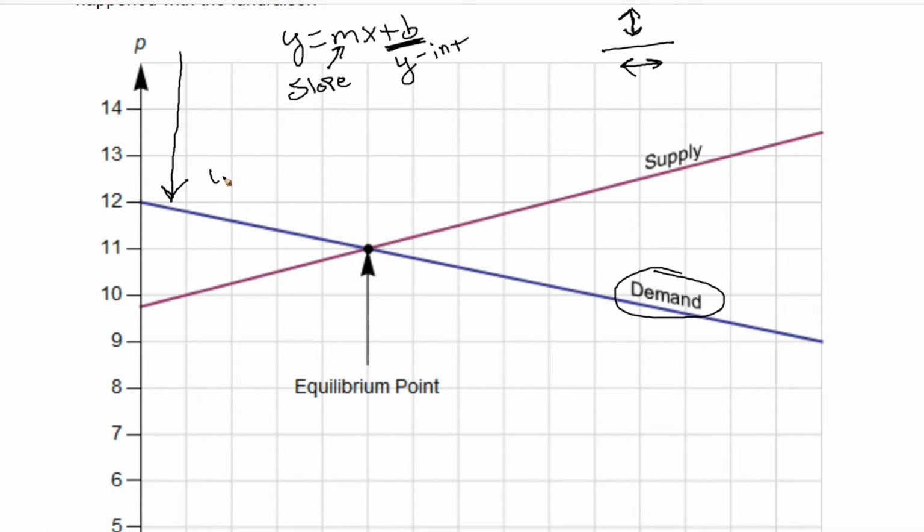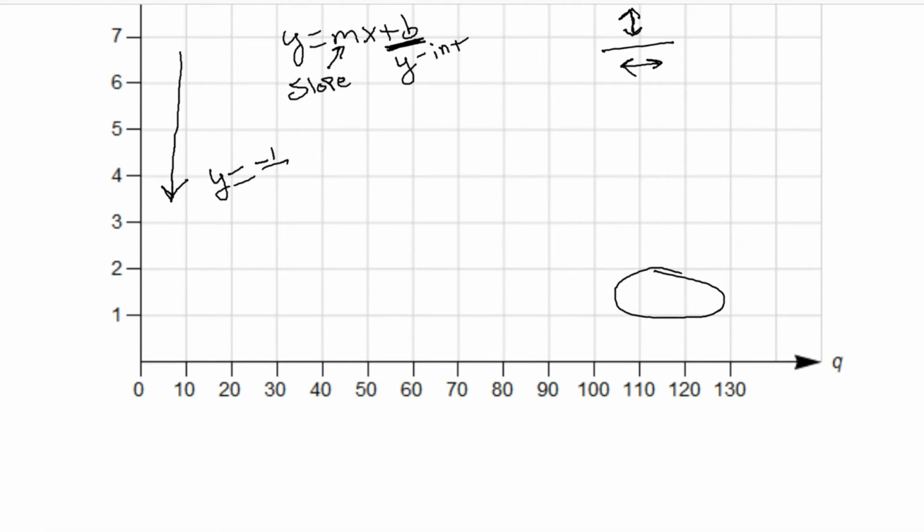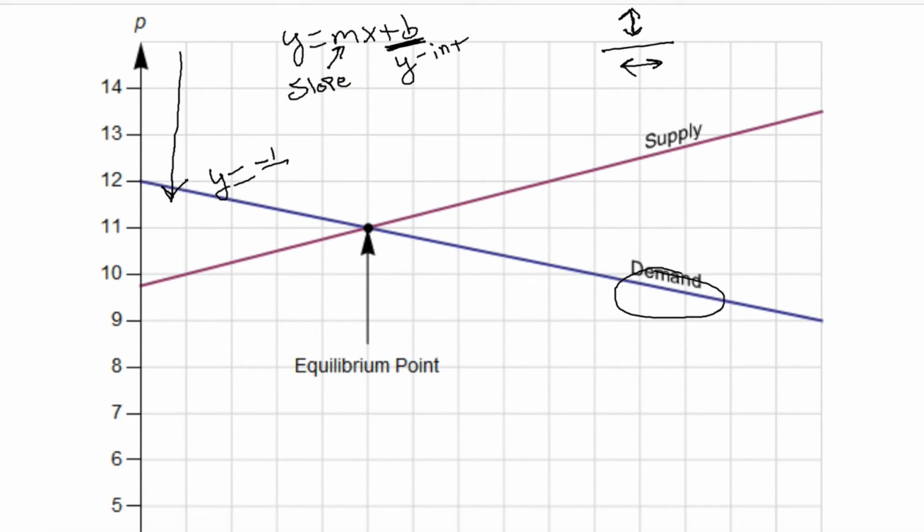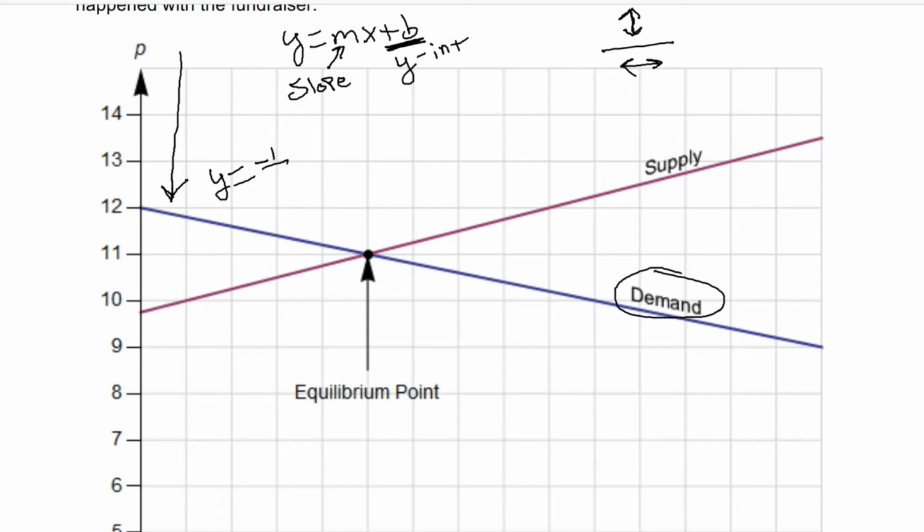We have y equals, what's our change? It goes down 1 for every what? Let's just see really quick. For every 50. So it goes down 1 right here for every 1, 2, 3, 4, 5, and each one of those lines is 10.